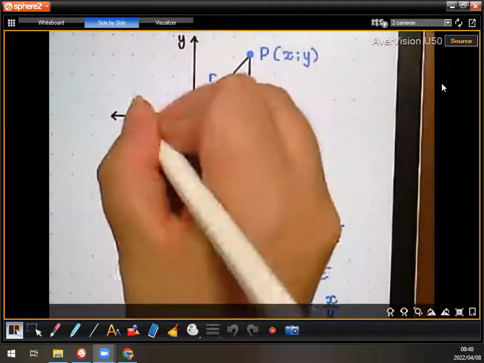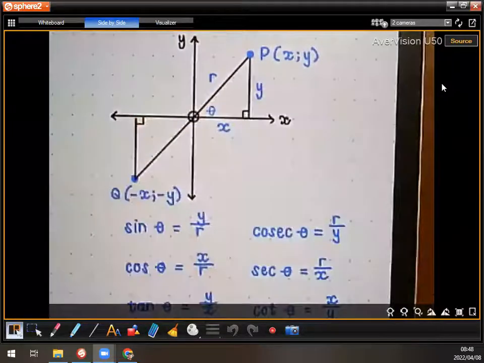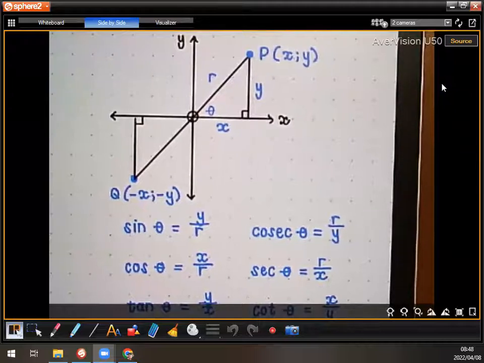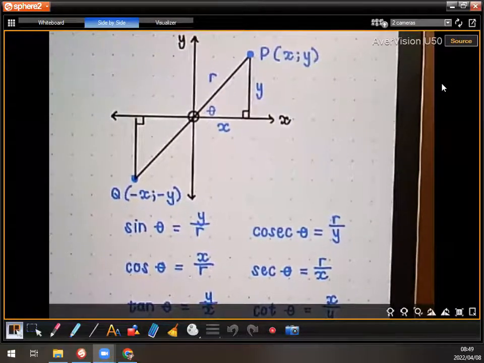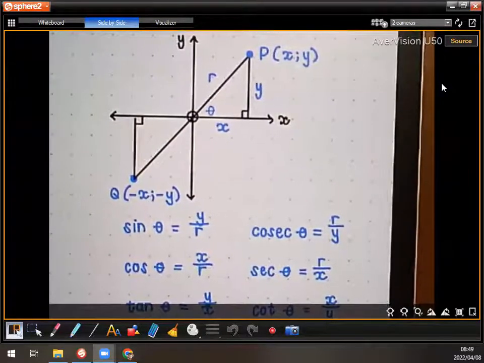Okay, so now, guys, like I said, when we are drawing triangles in any other quadrants, the perpendicular line must always be attached to the x-axis. Okay, please remember that. Now, guys, the length along the x-axis is still going to be the same as the x value, but this is what people have a bit of trouble with understanding, because it is a bit different from what we've done before.